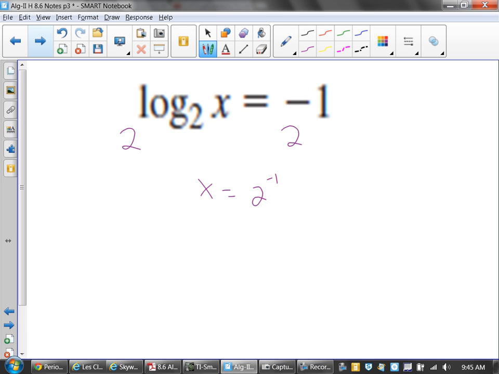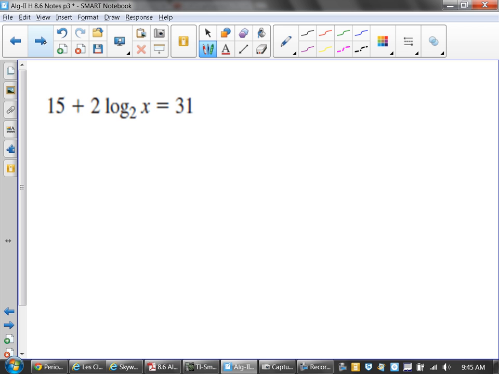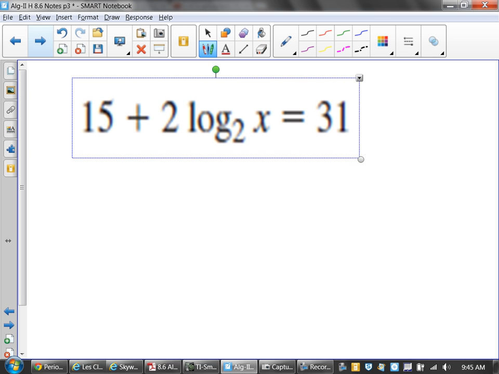What's 2 to the negative 1? 1/2. You told me that wasn't the answer. Well, I didn't know. You said negative 1 squared. That's backwards. Okay. Let's see what happens now. Of course. Are you reading?